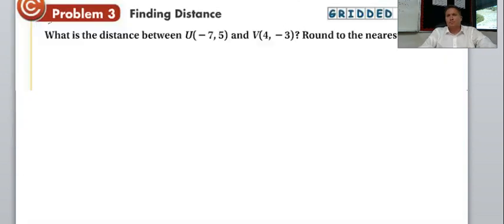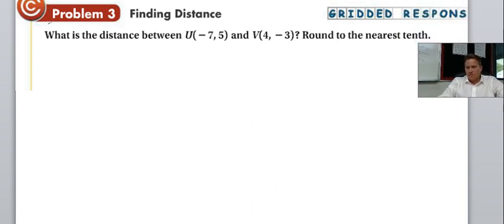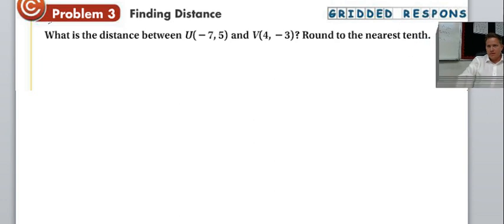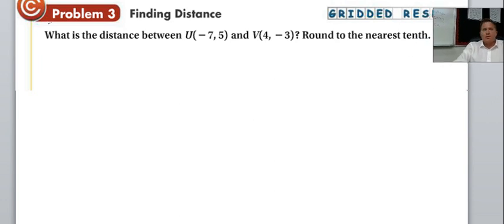Alright, and then our last problem, problem number 3 right here, says find the distance. So we have 2 points, and we're trying to find the distance, and it says round to the nearest 10th. Okay? So it's really important right now that we remember our formula for distance.